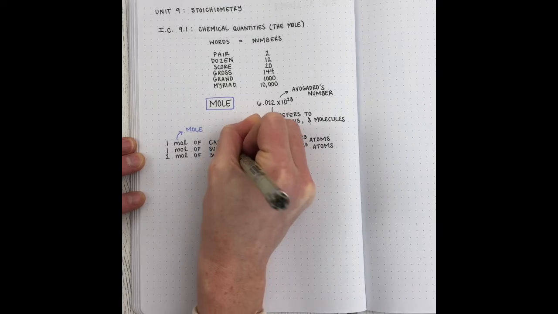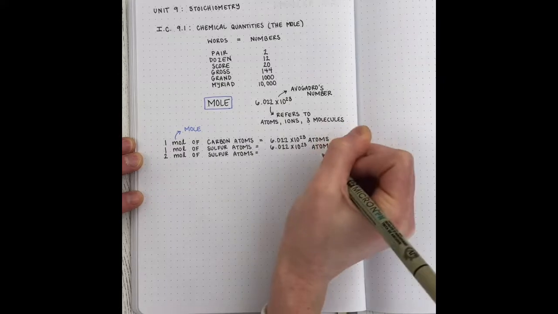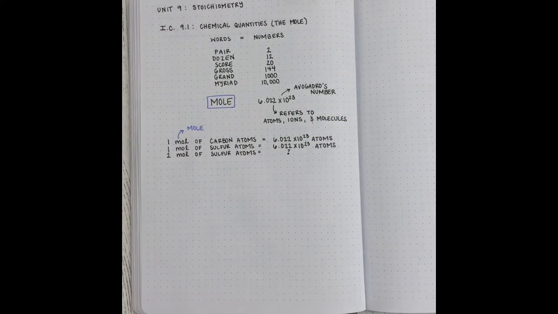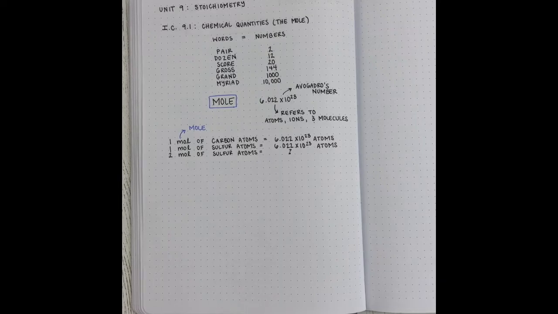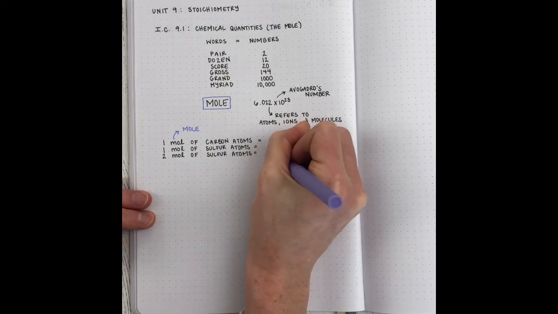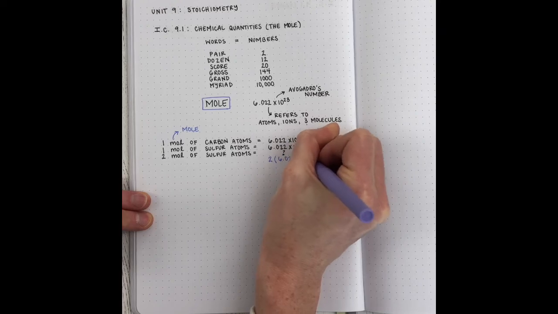Now, what if instead of 1 mole of sulfur, you had 2 moles of sulfur atoms? How many sulfur atoms would that be? This is actually pretty simple. All you would have to do is take 2 and multiply it by Avogadro's number.